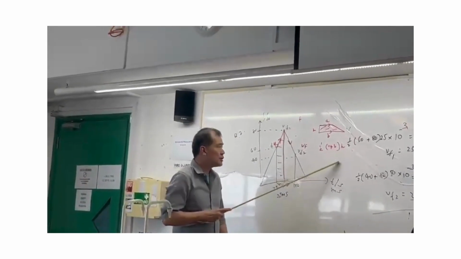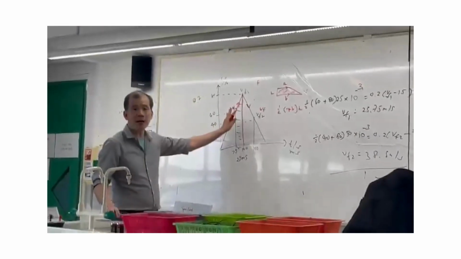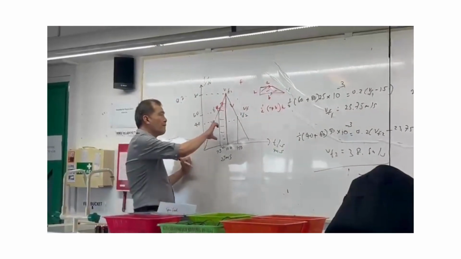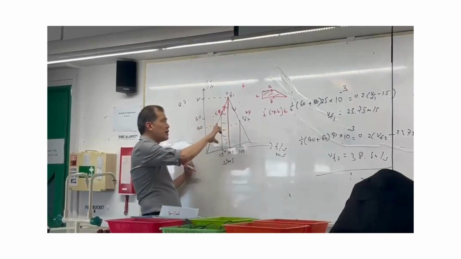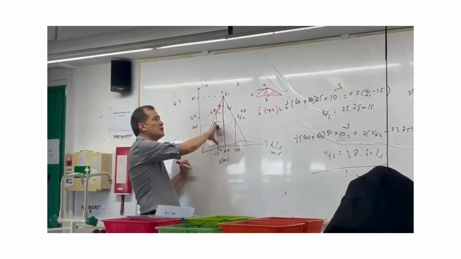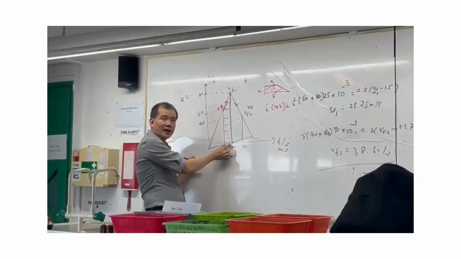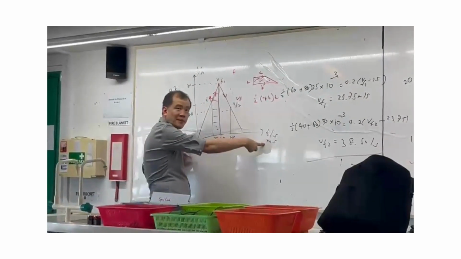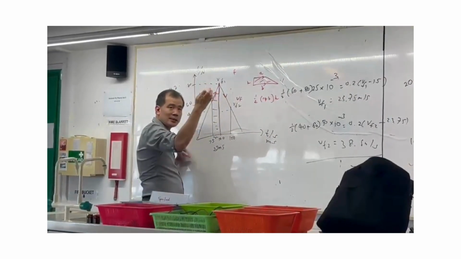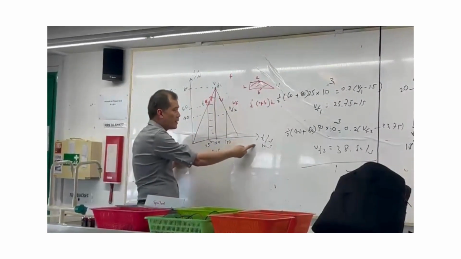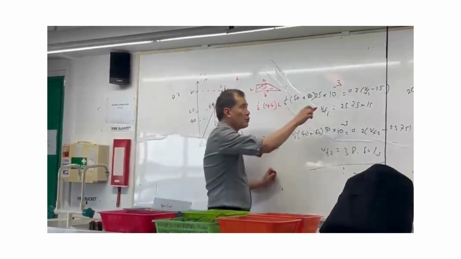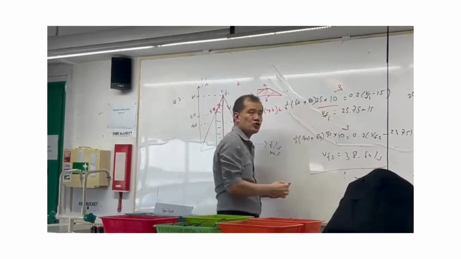So, using this formula for the first part of the graph, your trapezium area is half times 60 plus 80 times 25, and don't forget the axis is in milli, that's DCM, milli is 10 to the minus 3. So I cannot afford to forget that it's 25 times 10 to the minus 3.